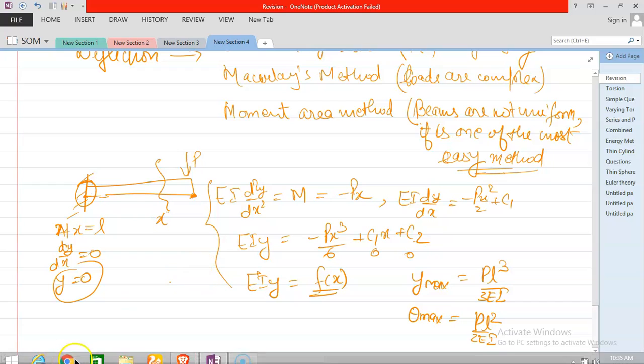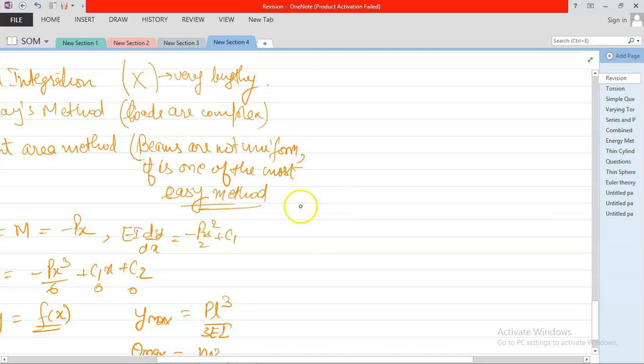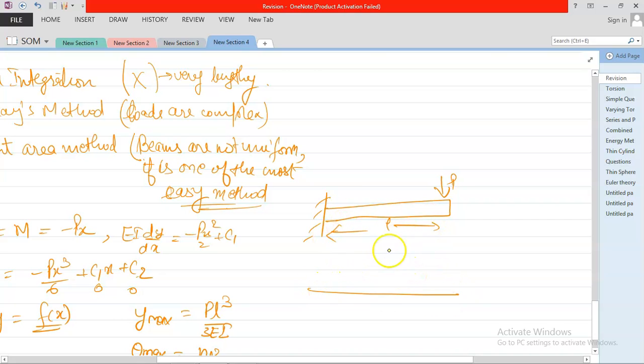Now I am going to solve the same question with the moment area method. Suppose this is your beam and load; this is the bending moment diagram. It will be in the negative direction, and the maximum value is PL.